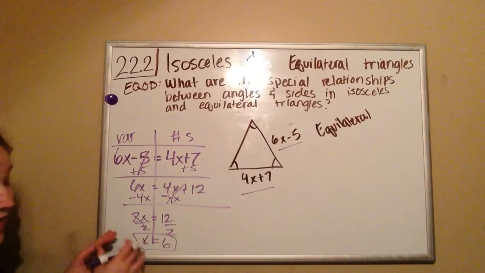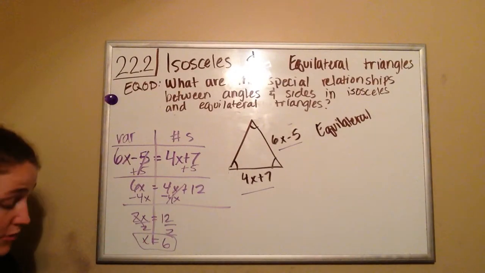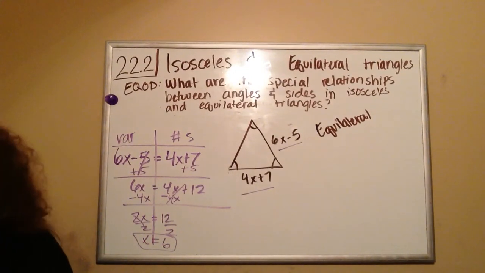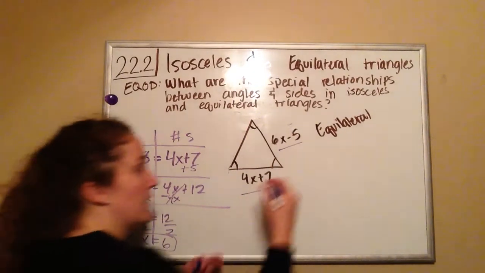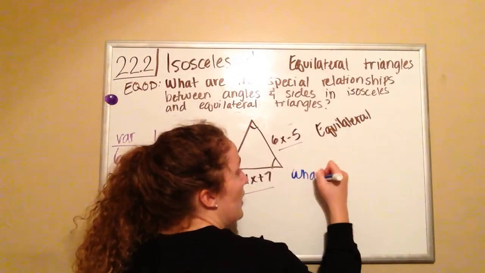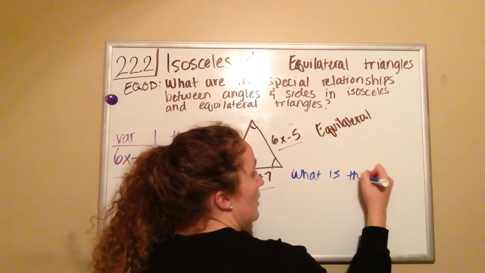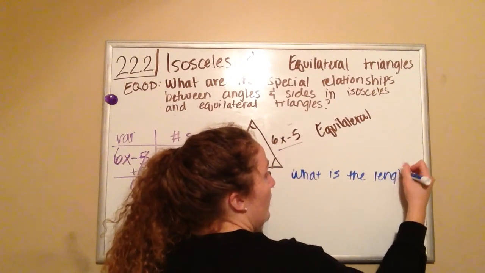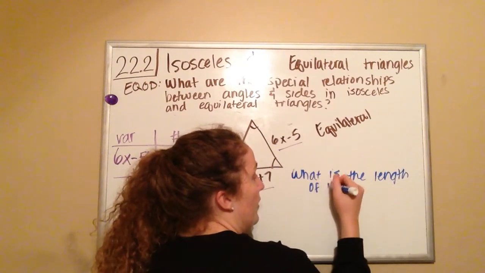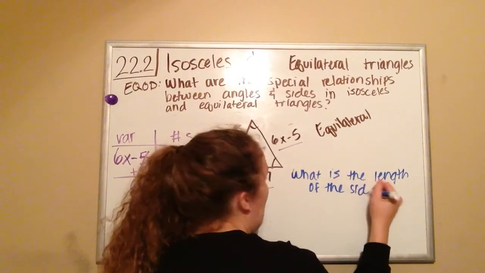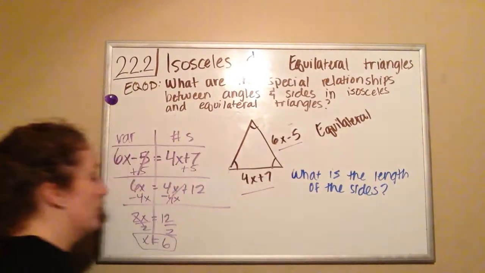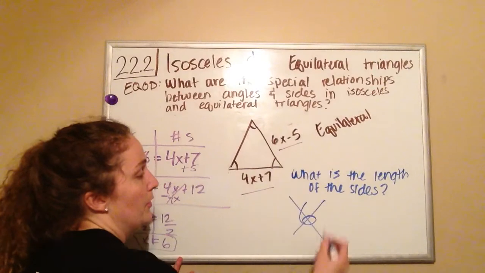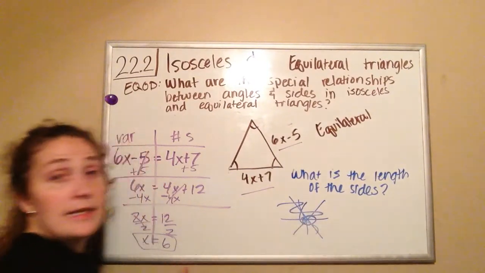Okay? That is the variable. If I am asked, what is the length of the sides? It is not, please, for the love of goodness, do not put 6. It's not 6.